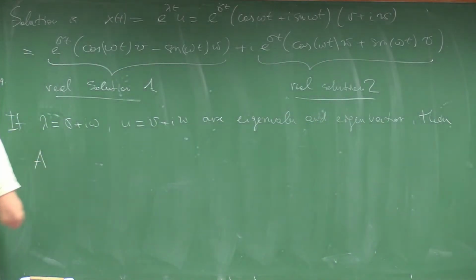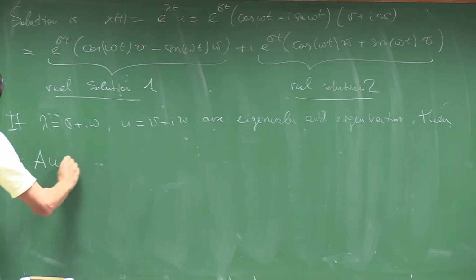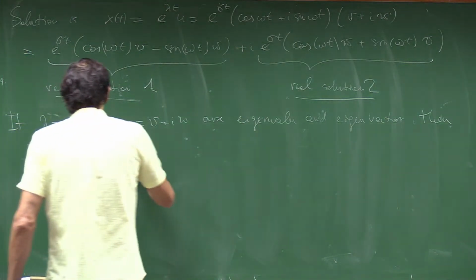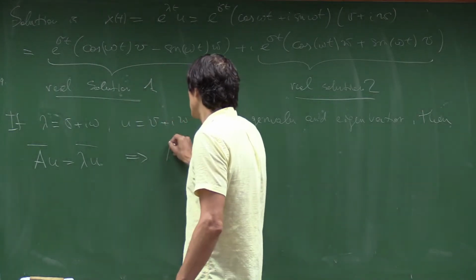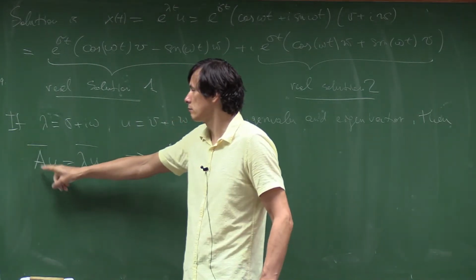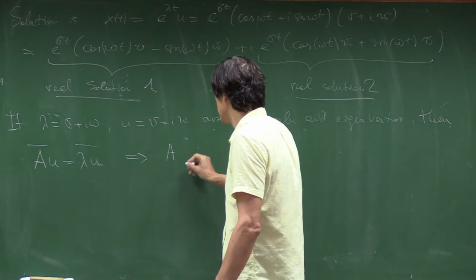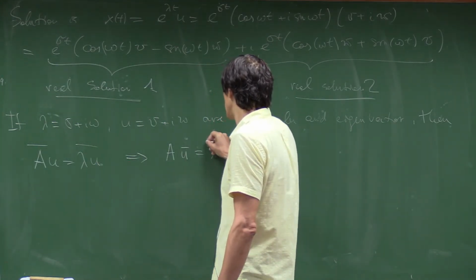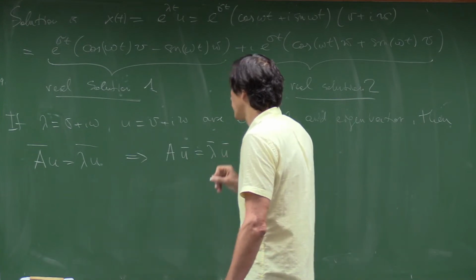Remember what eigenvalue and eigenvector mean: they satisfy this equation. But you can take the complex conjugate of both sides. Then A complex conjugated is A, because A is real. Then you have the conjugated u equal to the conjugated lambda times the conjugated u.